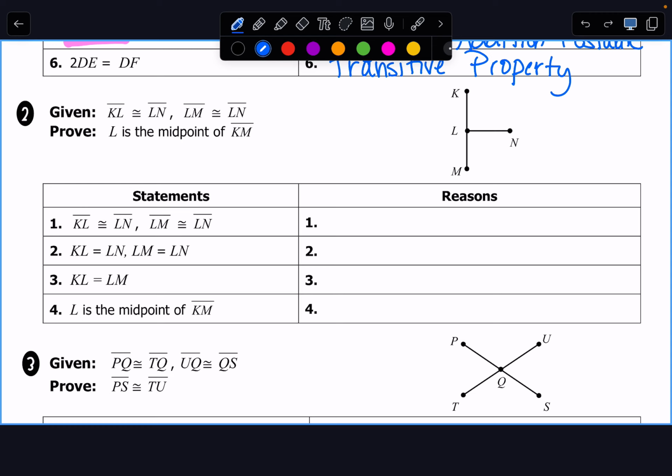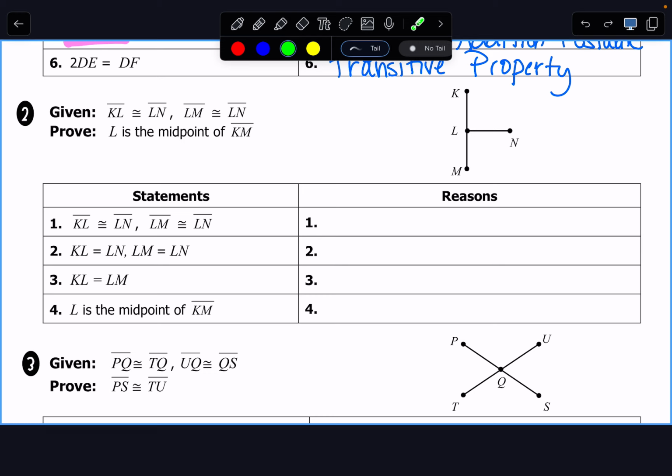We want to prove that L is the midpoint of KM. Does it make sense that that is a legitimate thing? Yes. If these two are congruent and these two are congruent, then I bet we're going to be able to show that these two are the same. Ergo, L is the midpoint. Oh, I get it.